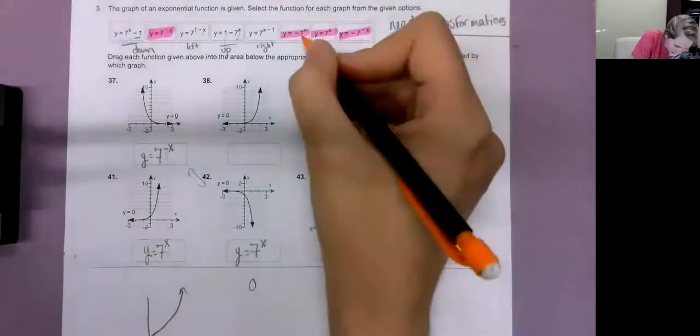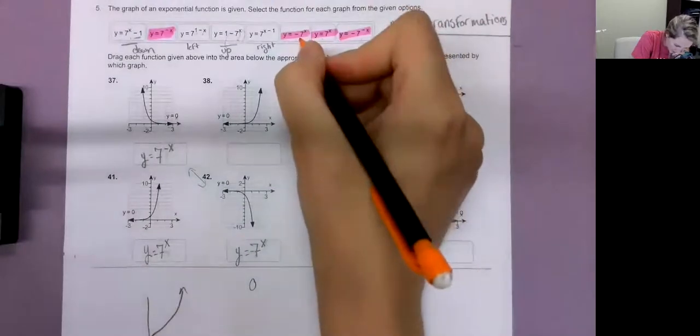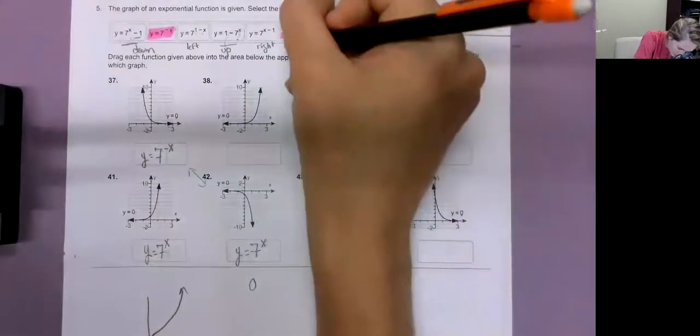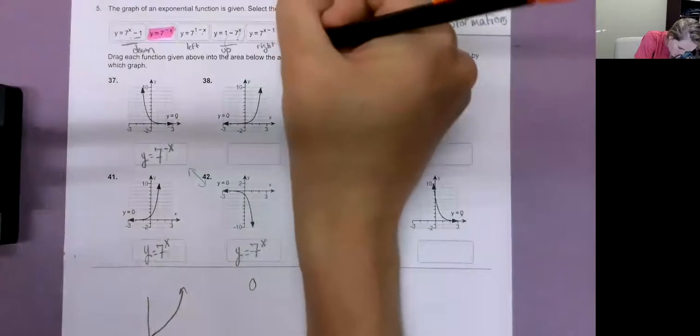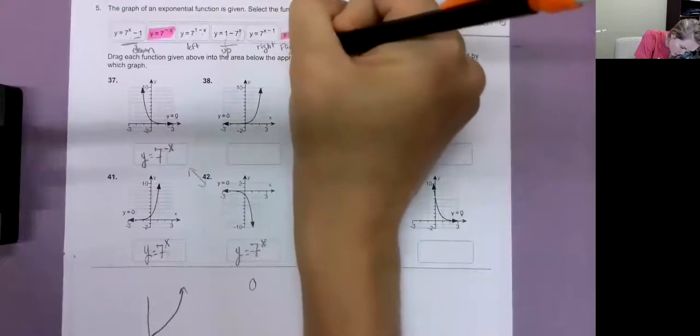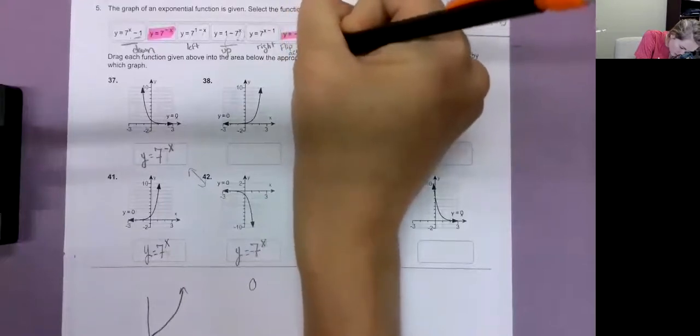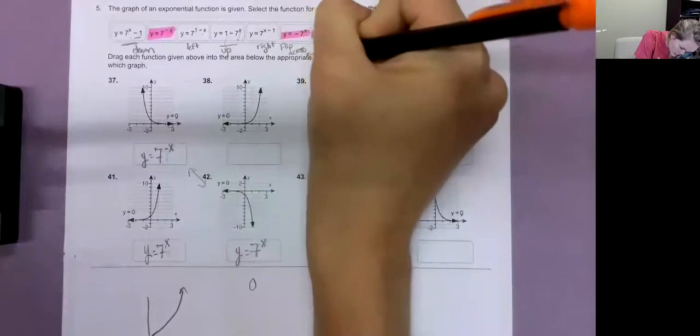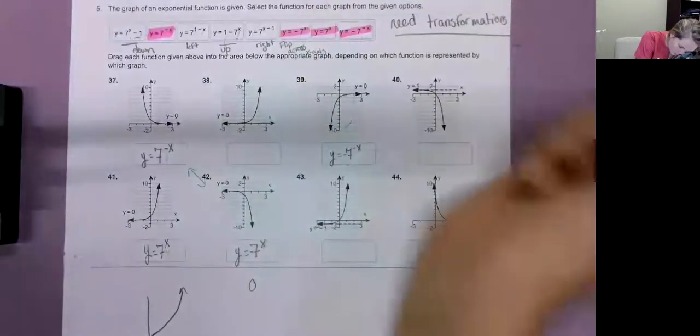And then let's see, negative 7 on the outside is, don't want to say flip or mirror, flip across the x-axis. That one's normal.